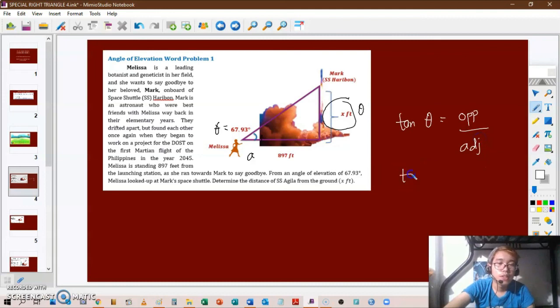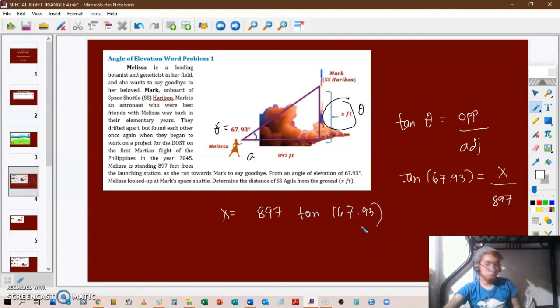And this will give us tangent 67.93 is equal to the opposite side, which is x, all over the adjacent side, which is 897. Therefore, the value of x is going to be 897 feet multiplied by tangent 67.93.